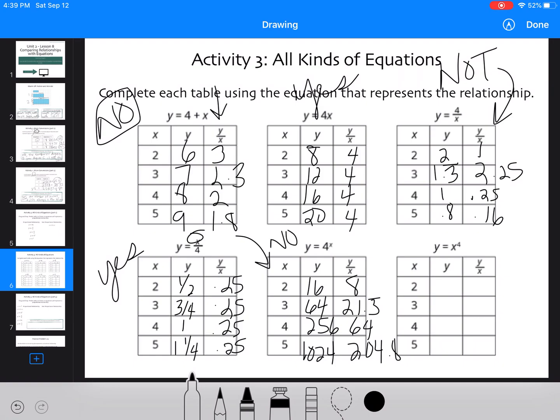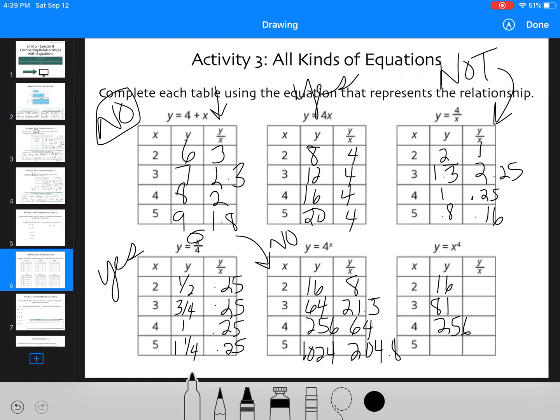So I wonder if this is going to be a yes because of where the x is. Let's see. So 2 to the fourth power is going to be 2 times 2 is 4, 4 times 2 is 8, so it's going to be 16. 3 to the fourth power is going to be 3 times 3 times 3 times 3. It's going to be 81. And then 4 times 4 times 4 times 4, 256.